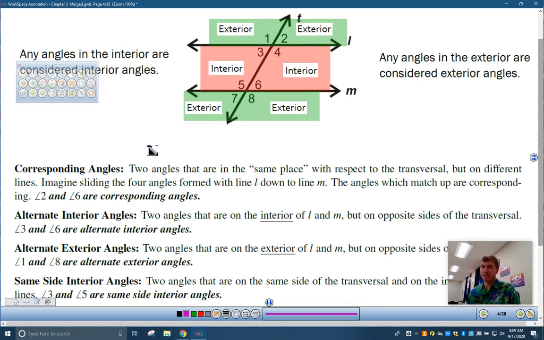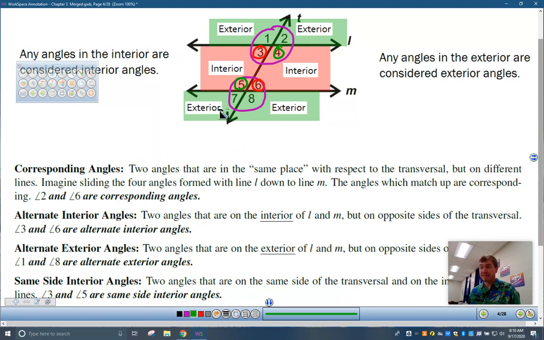They are a linear pair. Any of these new phrases here are going to relate an angle from the first group to the second group. That being said, alternate interior angles would be angles like 3 and 6, or 4 and 5.